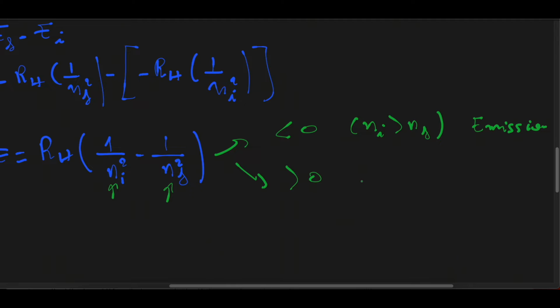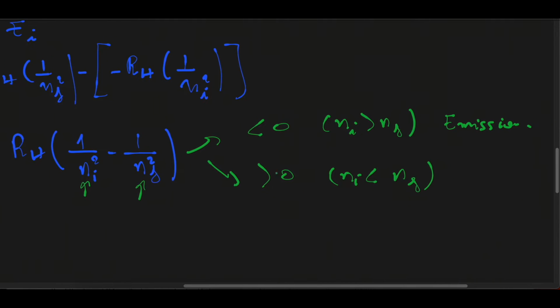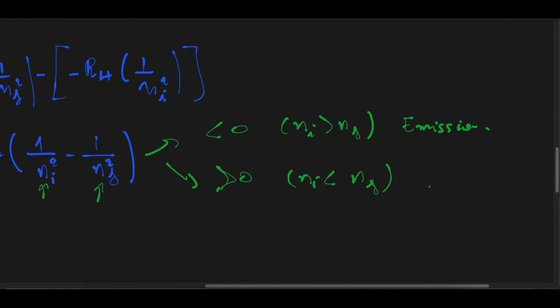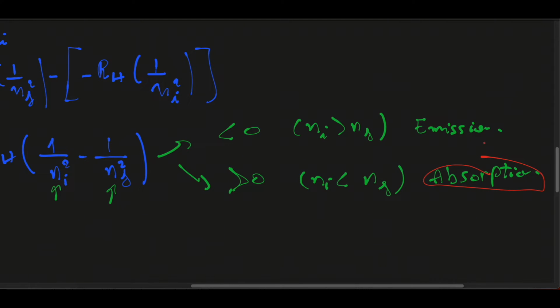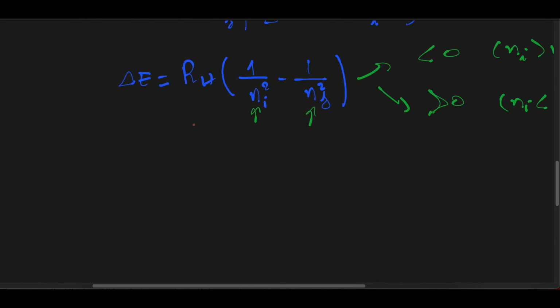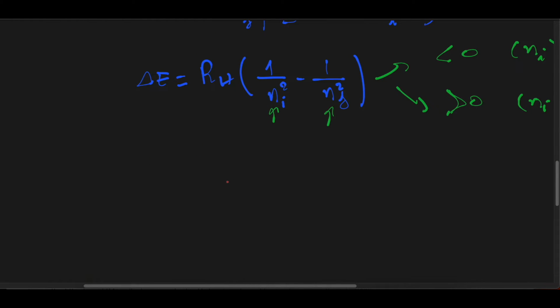But if the initial n is smaller than the final n, we get a positive energy, and it corresponds to an absorption process. We'll talk about the absorption process at the end of this lesson, but now we will focus only on the emission process, because the energy is emitted as a single photon of energy h times nu.